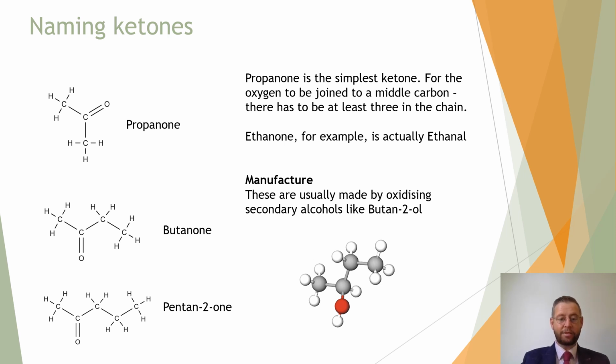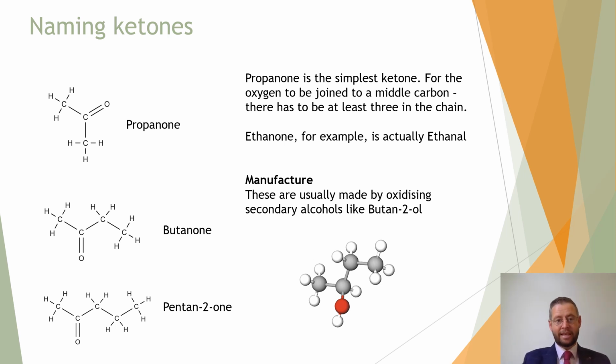The only ketones we see are long-chain ones, with numbers 2 or more. So in this case, pentan-2-one is on the second carbon. We could also have pentan-3-one. The next one along would be pentan-2-one once more, and then we couldn't have one on the end without changing it back into an aldehyde.